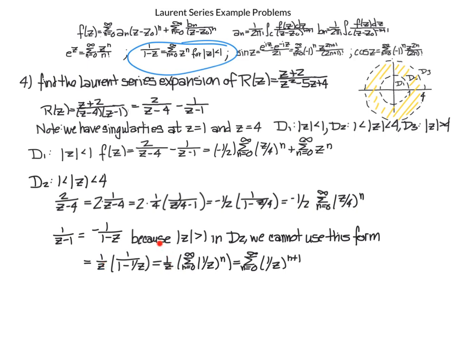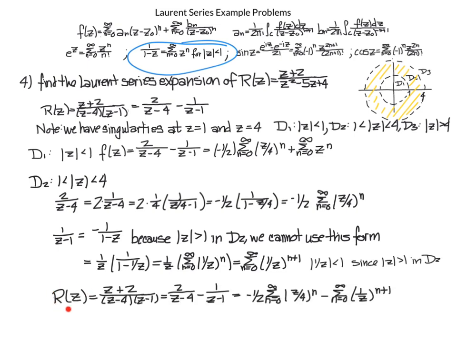So I still have my 1 over z here, and then for this 1 over 1 minus z, I'm going to have summation 1 over z to the n. Then I move this 1 over z into my summation, and I get my summation 1 over z to the n plus 1. Of course, I still need to verify that what I substituted for z, its modulus is less than 1. I substituted 1 over z for z, so the modulus of 1 over z is less than 1 because in D2, the modulus of z is greater than 1.